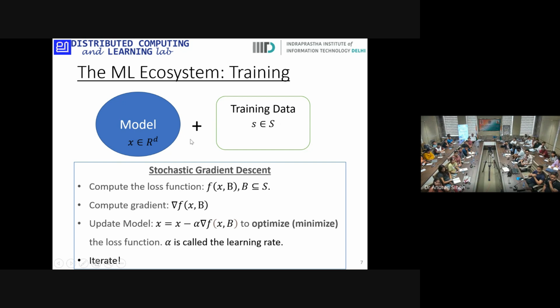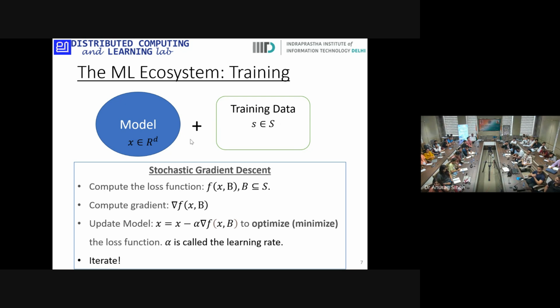The training algorithm that we apply for training a model, the most popular one is stochastic gradient descent. I'm not building the theory from gradient descent to stochastic gradient descent, but just know the algorithm at its face. So this is an iterative algorithm. What is an iterative algorithm? You do one step of the algorithm, and you have the result from there.